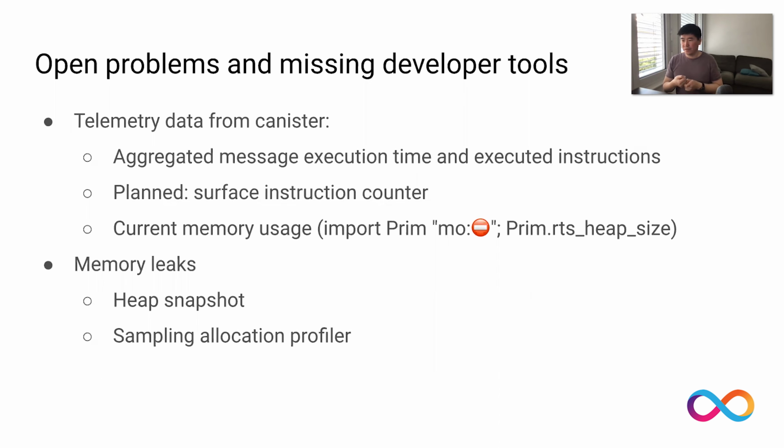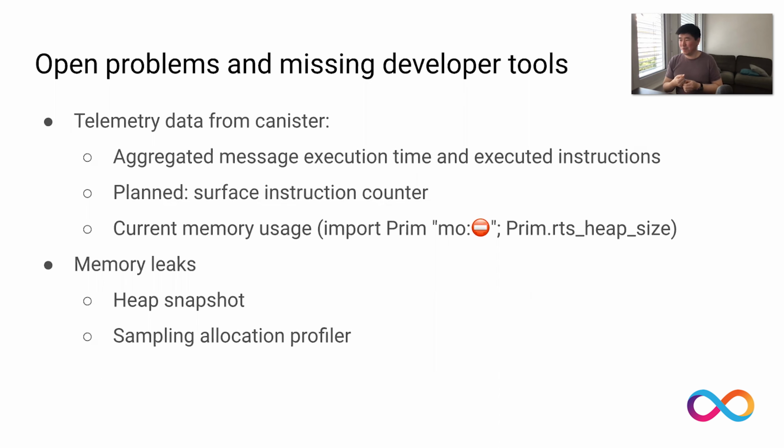Another thing that's important, so this is kind of for performance, and another thing that's also important is to give developers a way to get the current memory usage of the canister. I had a chat yesterday, and Motoko folks told me that it should be already possible in Motoko.